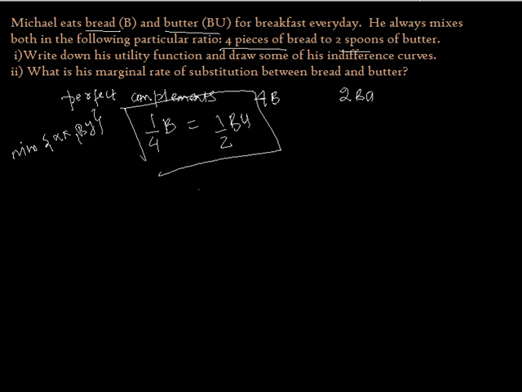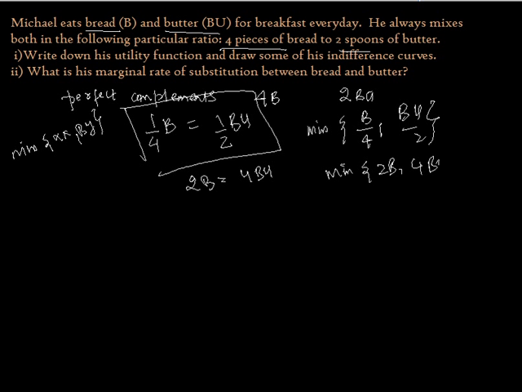So it could be written as min of B/4, BU/2. This is the utility function. Or you can simplify it further, multiplying by 4, to get min of 2B, 4BU. Remember that it has to be broken down into a 1 is to 1 ratio.